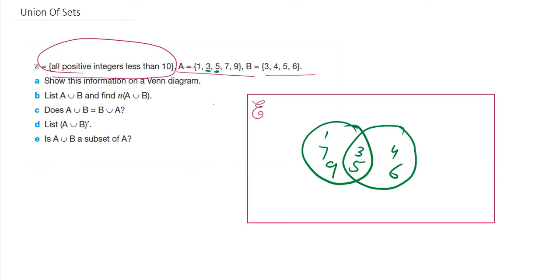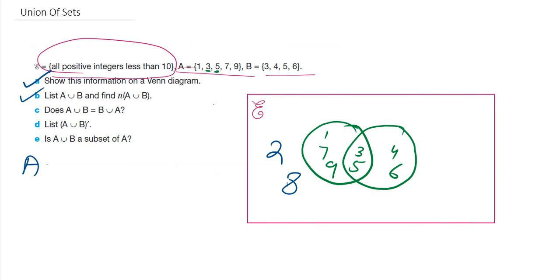We have to write less than 10 in this space. 2, 8, yeah, 2 and 8 are the elements that are present there other than the A and B sets. Okay, we are done with the A part.